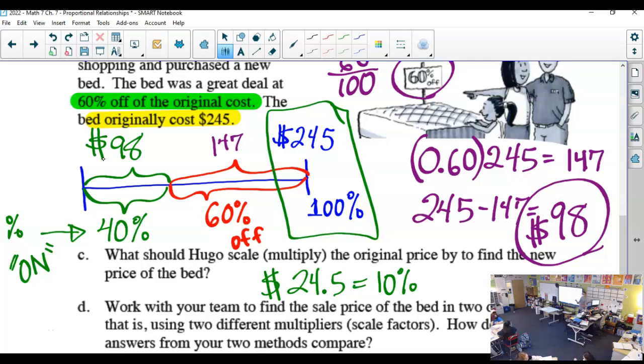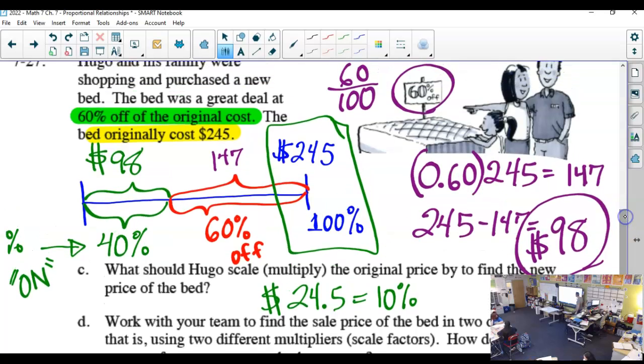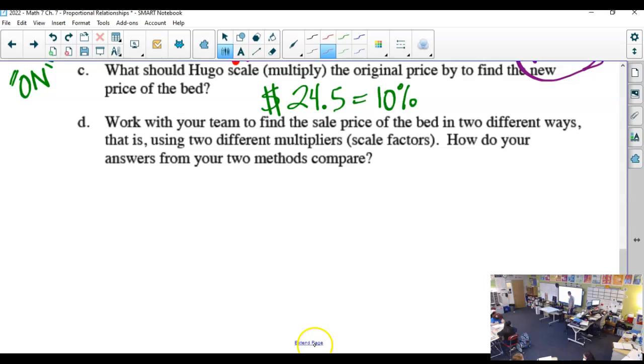If you have a calculator, hey, asterisk, like, you know, special star. If you have a calculator, all you have to think about is what percent is on and do that math. So instead of doing 0.60 as the math I do, what percent did we say is on? 40%. So you could, in your calculator, just do 0.4.